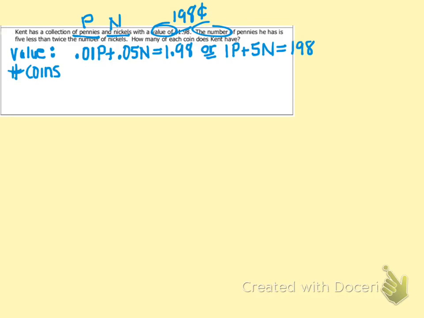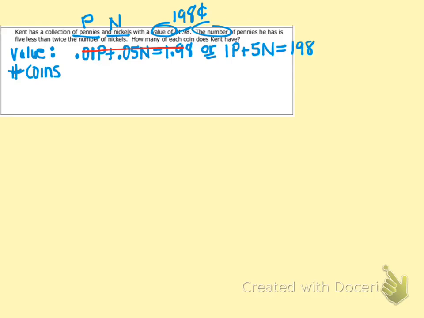That's not going to affect our solution at all, but it's much easier to work with numbers like that. So I would always encourage you, when you're dealing with cents like that and the value is given in dollars, to change it to cents by multiplying by 100. And then I'd use that one instead.